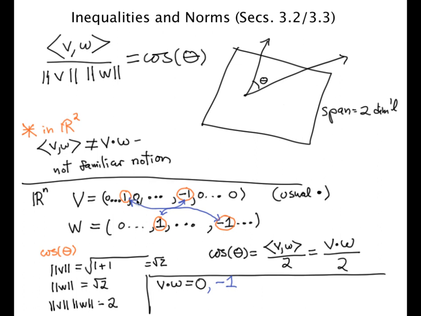And if they all lined up, if these guys matched and these guys matched, then what I'd be getting is 1 plus 1 is 2. So that says that the possibilities for the cosine of theta are 0, -1/2, and 1.